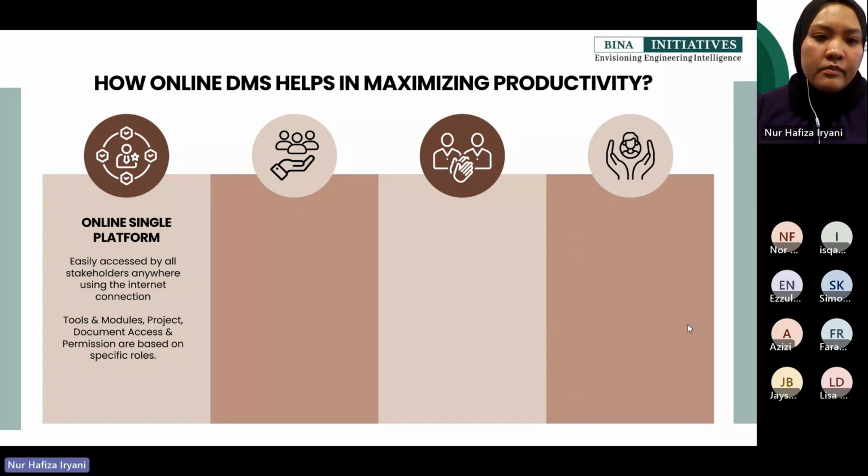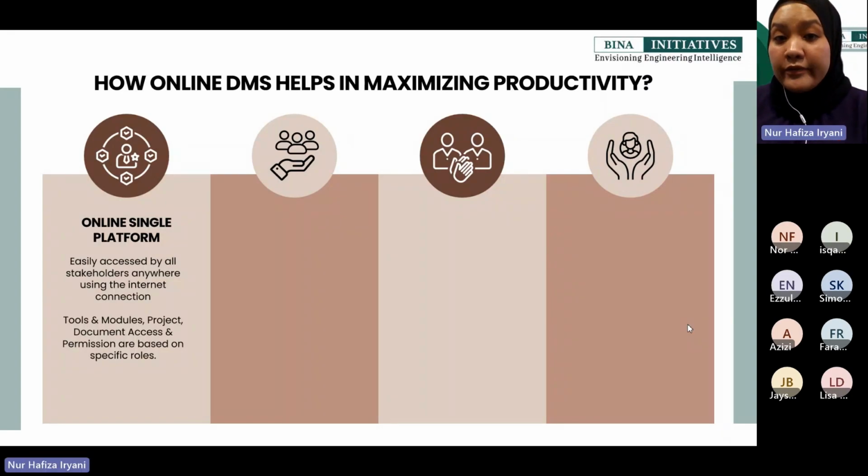And then people are afraid that if anybody can access it, how do I manage the particular documents? Maybe this is only for company A, this is only for company B, this is only for the project owner to see.